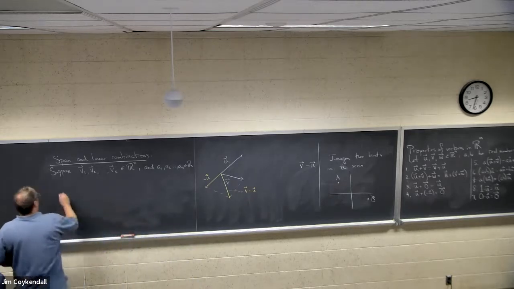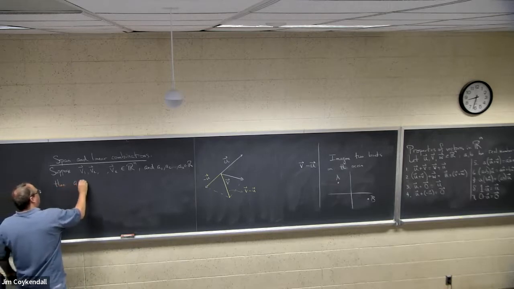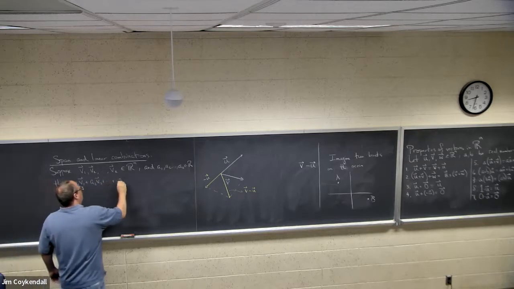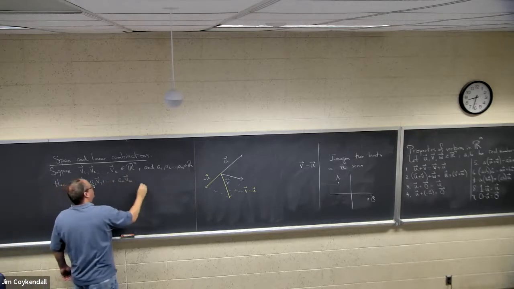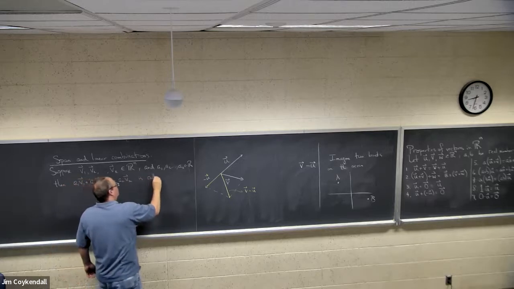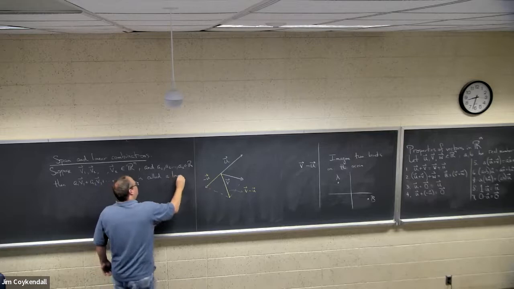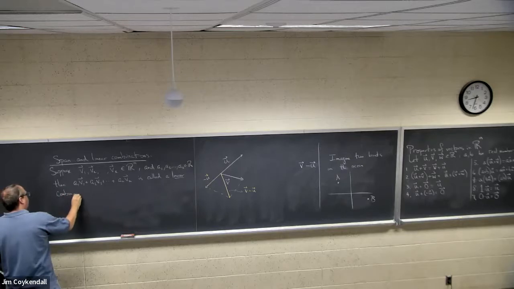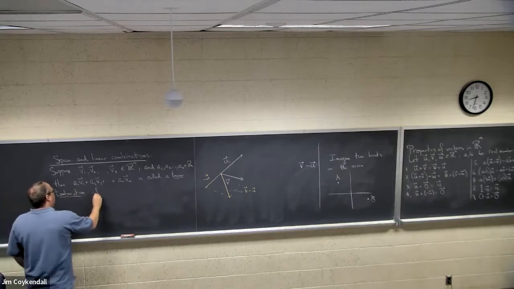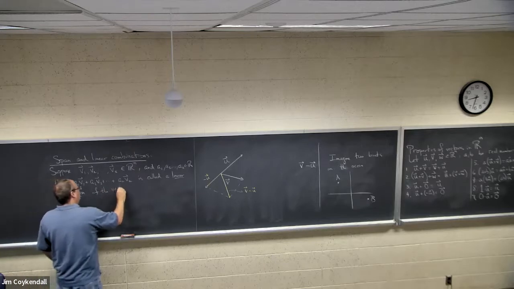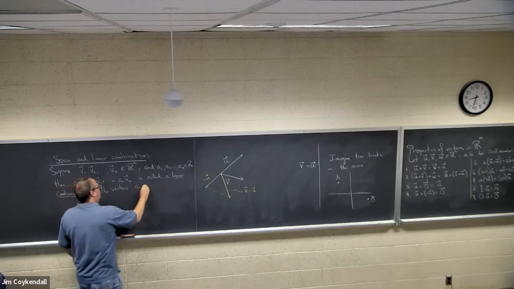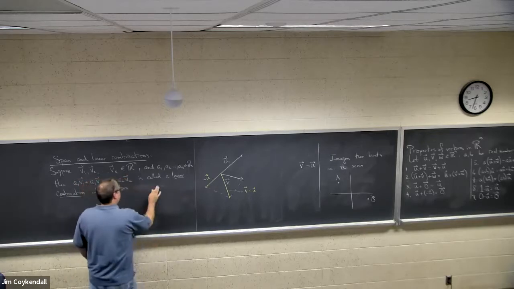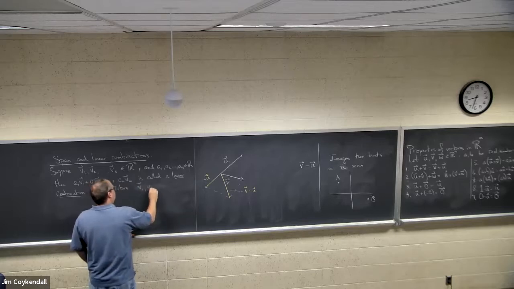Then a1 b1 plus a2 b2 plus up to ak bk is called a linear combination of vectors b1, b2, up to bk.